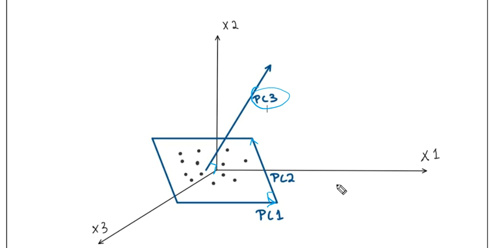So what is PCA essentially doing? PCA is taking a large number of correlated variables and transforming them into uncorrelated variables expressed in the order of importance. The first principal component will be the most important principal component, which is explaining most of the variance in the data.